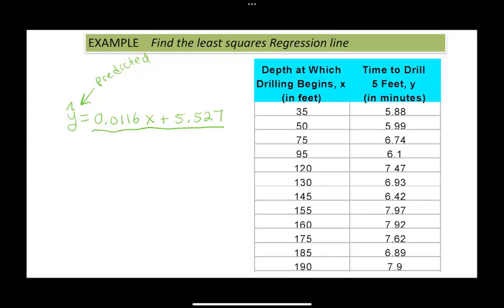But anyway, I now have an equation that I can use to make predictions with my drilling depths. Remember though, our correlation coefficient was only about 0.77. So I could make a prediction, like let's say I wanted to see at 125 feet how long it would take. I could plug 125 in for x here and make a prediction about how long it would take to drill.